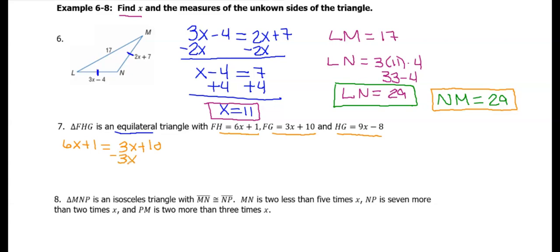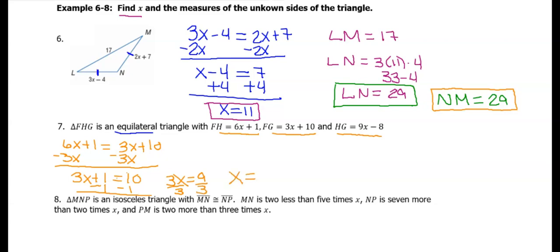Go ahead and subtract the 3x. And I get 3x plus 1 equals 10. Subtract 1, and I'm going to write it over here. 3x equals 9. Divide by 3.